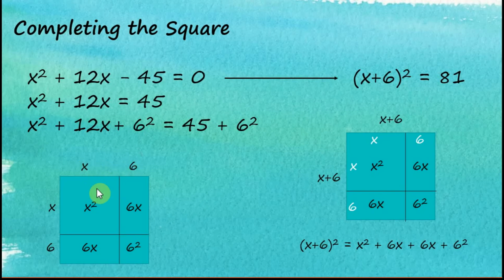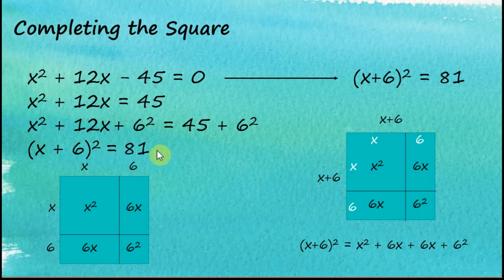Because here is x plus 6, here is x plus 6, and therefore the area of this big square is (x plus 6) squared. So x squared plus 12x plus 6 squared is equal to (x plus 6) squared. On the right hand side we have 45, and 6 squared equals 36. So 45 plus 36, we get 81.